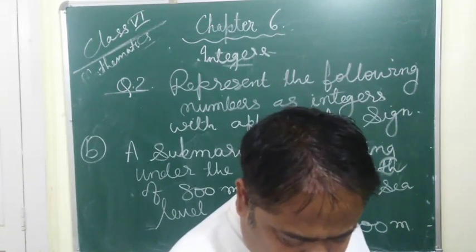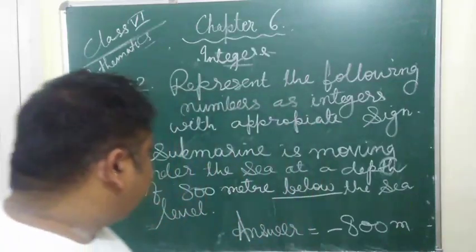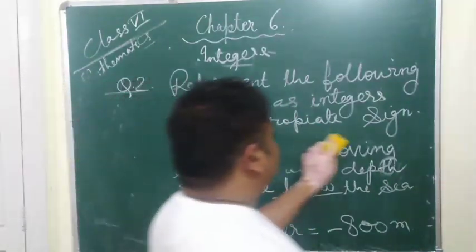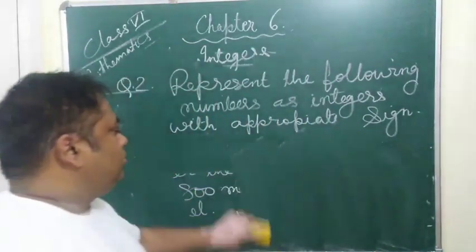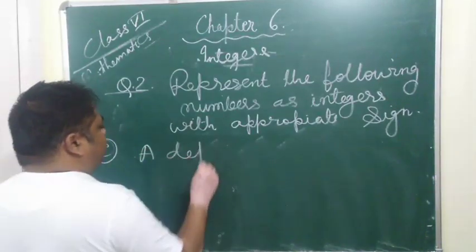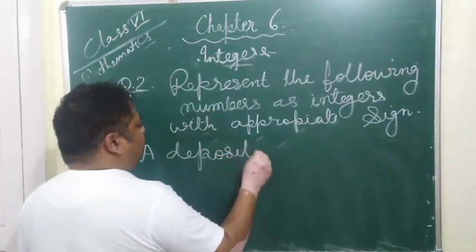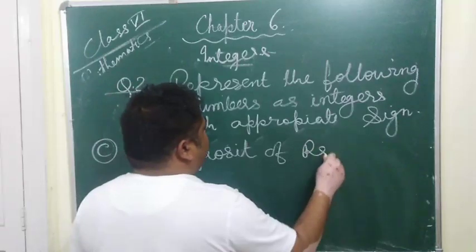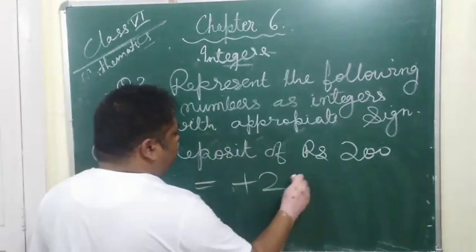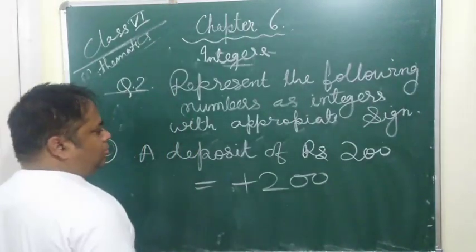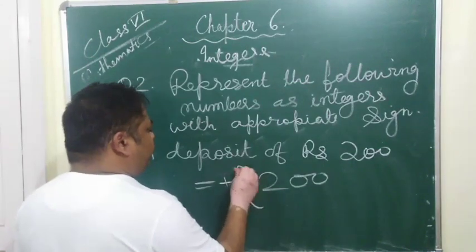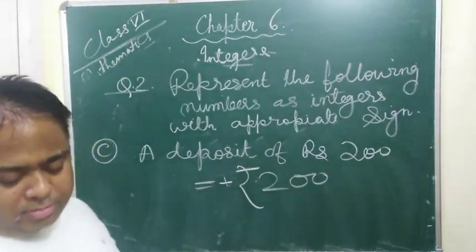A deposit of rupees 200. It will be equal to plus 200. Or we can write the plus sign with rupees and 200.